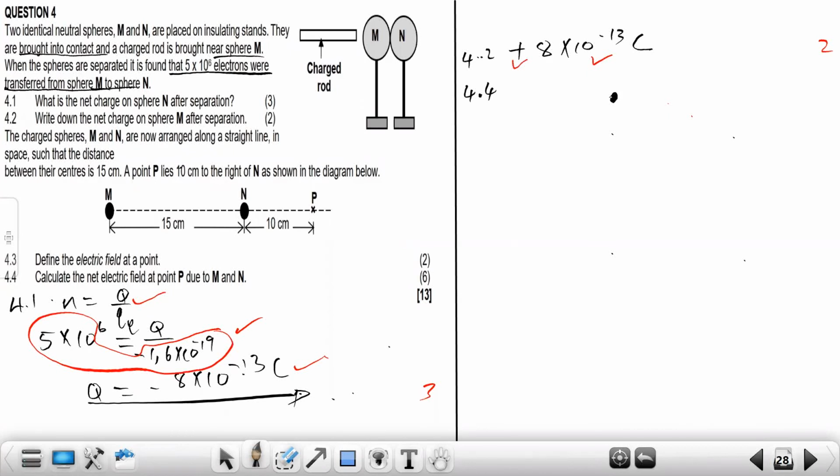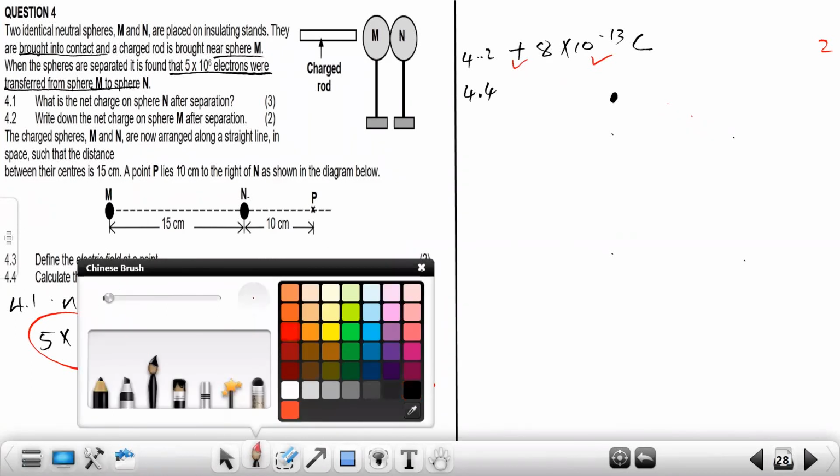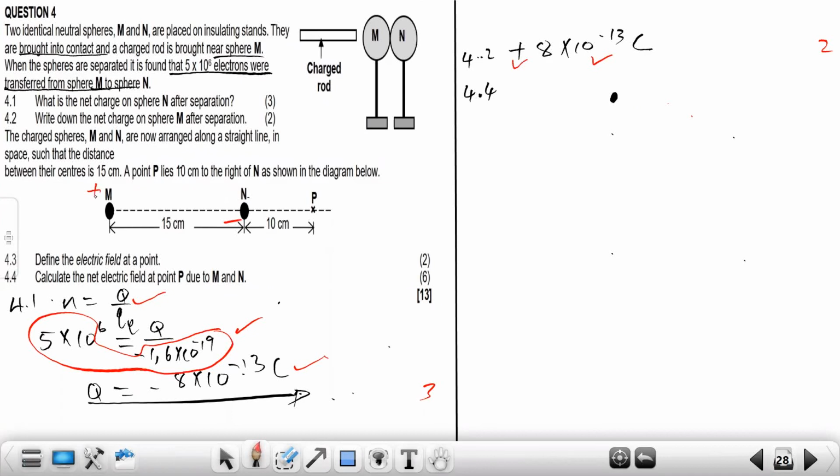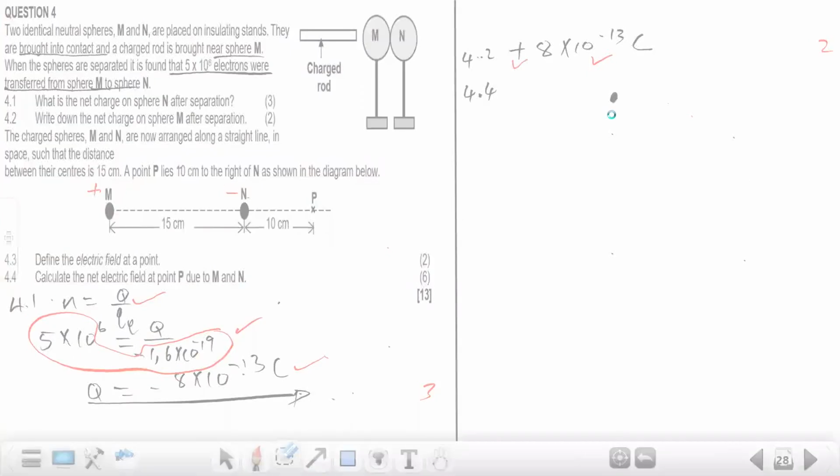And then I know that M is positive, N is negative, such that I don't make a mistake of using the incorrect science. So if this is P, then the influence of N on P is going to be attraction. So it means P will move towards the left.